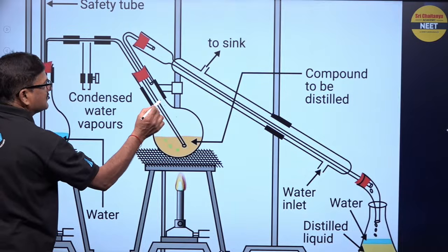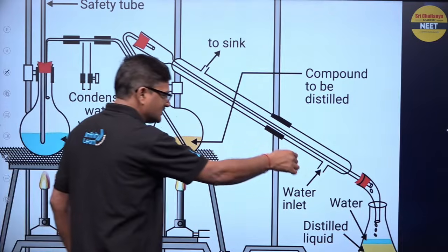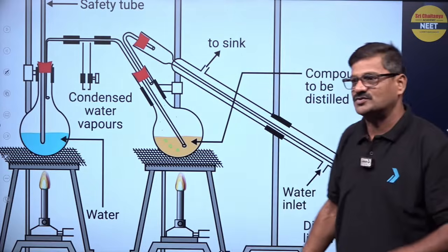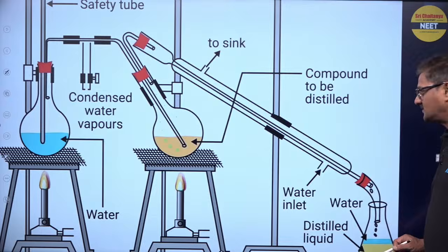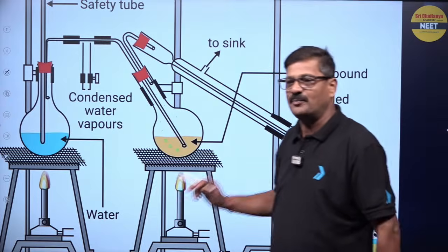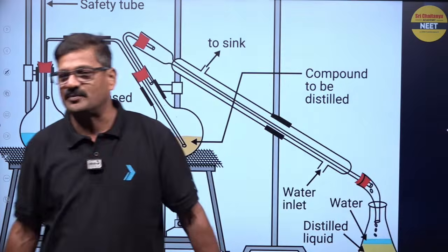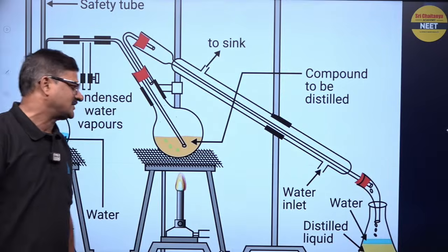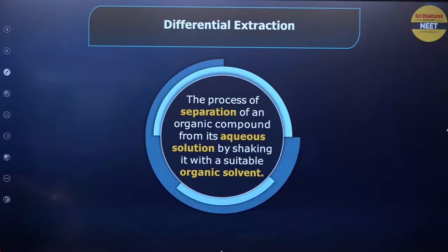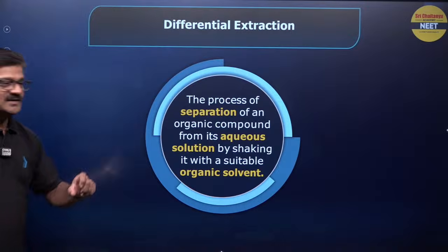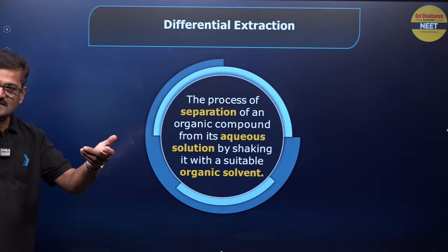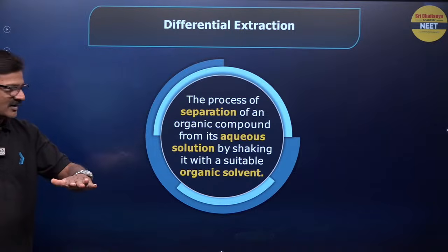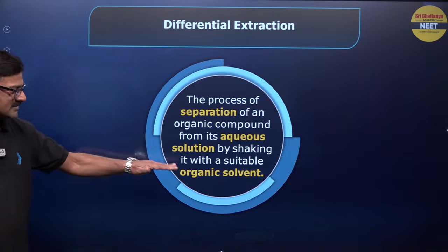Along with the steam, the vapors are condensed here, and you get the distilled liquid along with water collected here. You can then separate the water and the liquid by differential extraction. Differential extraction is the process of separating an organic compound from the aqueous layer and the non-aqueous layer by using an organic solvent.